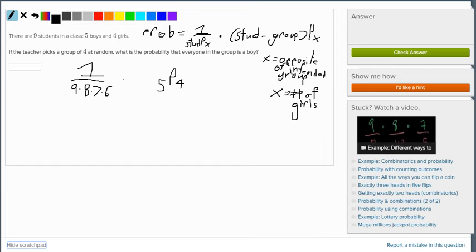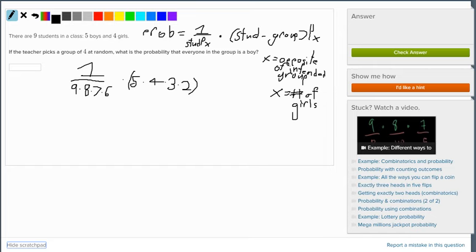So permutations of 5 taken 4 at a time would be 5 times 4 times 3 times 2. Put that in parentheses.